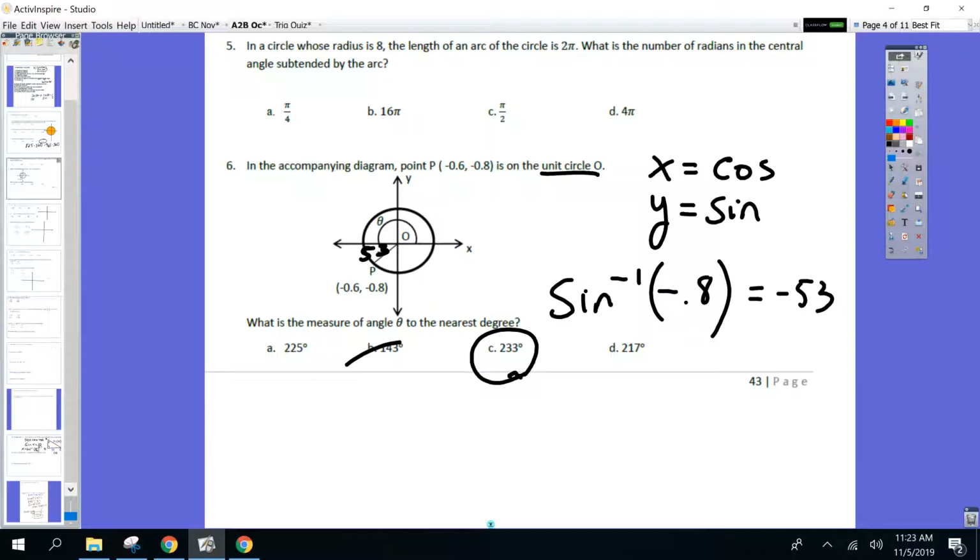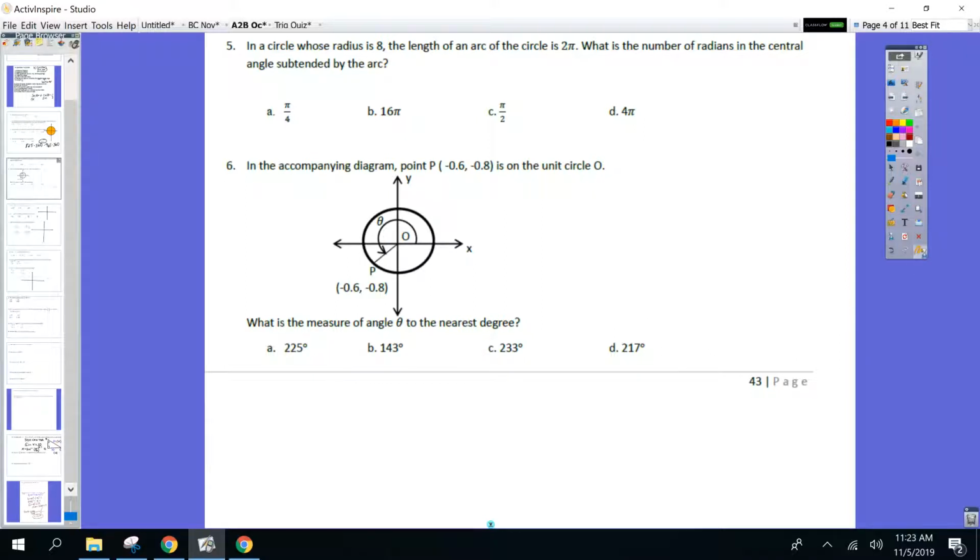Other questions? Yep, Art? On the same problem. If you use negative 0.6, you just use inverse cosine? Yes. I don't think it'll come out to be negative 53. Inverse cosine of negative 0.6 comes out to be 126, about 127 if I round it.